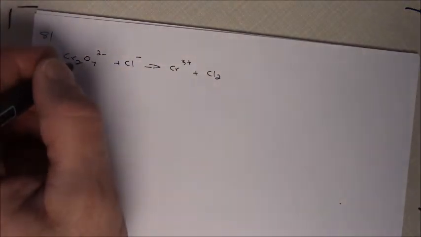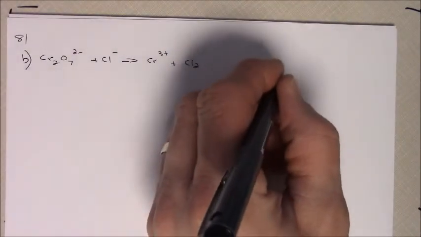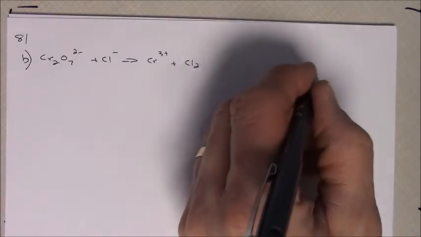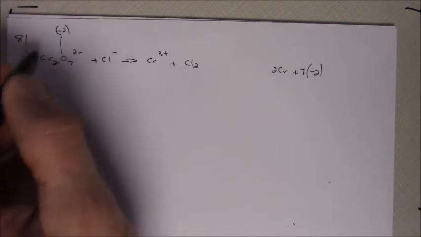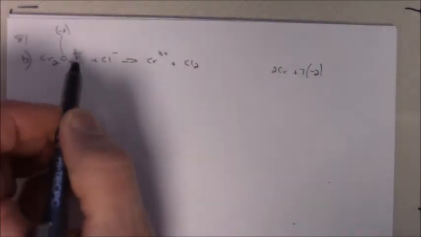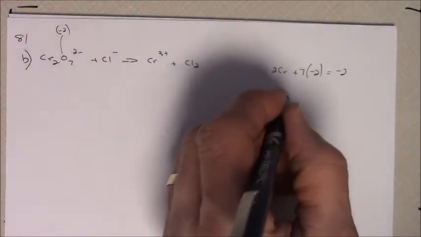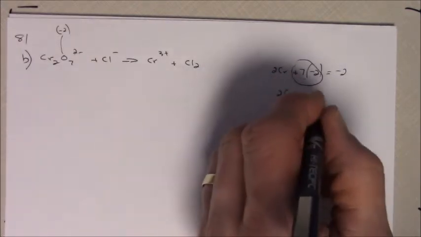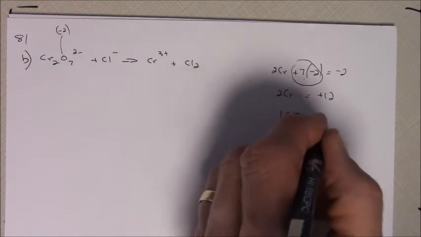So chromium, you've got 2 chromiums plus 7 oxygens. Each oxygen is a -2 oxidation state. The charge on the whole thing is -2, so don't confuse that. And that is equal to -2, so 2 chromiums, that's a -14, bring it over, plus 12, so 1 chromium is plus 6.